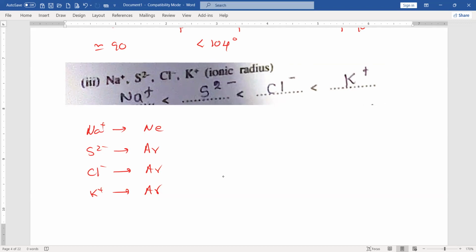And when we compare neon and argon, argon is definitely bigger than neon because argon is below neon. Therefore, sodium plus is the smallest and S2 minus is the biggest. Then the order will be sodium plus, then potassium plus, then Cl minus, and then S2 minus. So that is the correct order with reason.